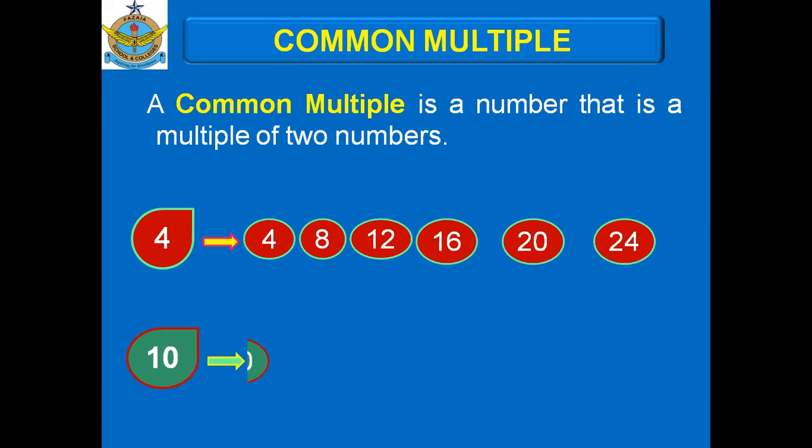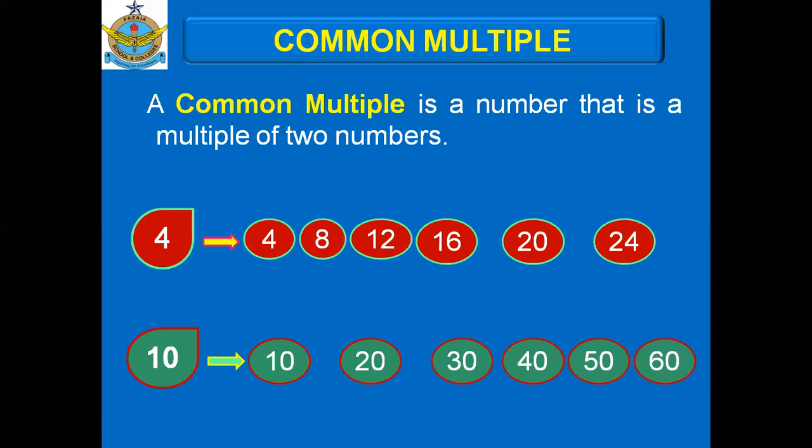And now I write down the multiples of 10: 10, 20, 30, 40, 50, 60. Here I write down the first 6 multiples of 4 and then the first 6 multiples of 10. Now I choose the common one. 20 is common in both lists. 20 is the common number. That's why 20 is called the common multiple of 4 and 10.